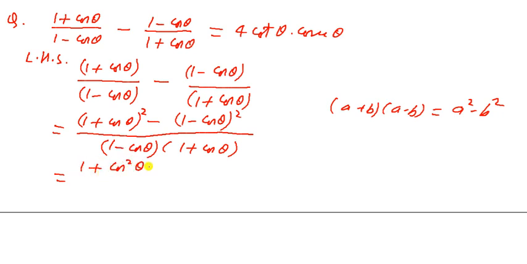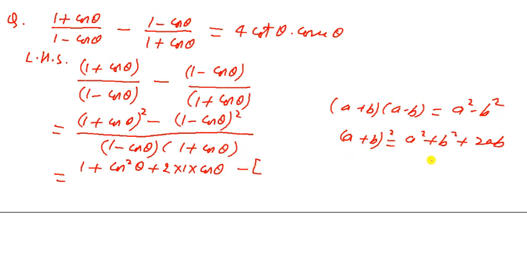Now we can open the formula. It is 1 square plus cos square theta. It is (a plus b) whole square, that is a square plus b square plus 2ab. So 1 plus cos square theta plus 2 into 1 into cos theta. Similarly, you can do this one also.